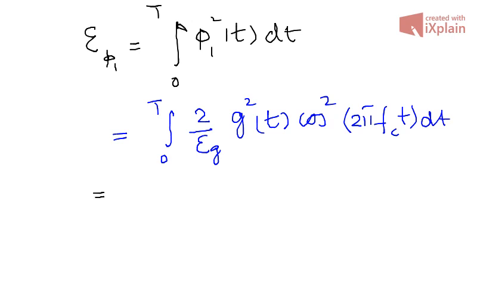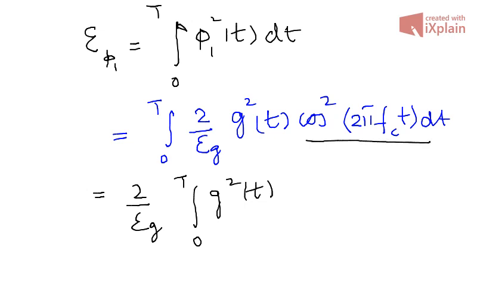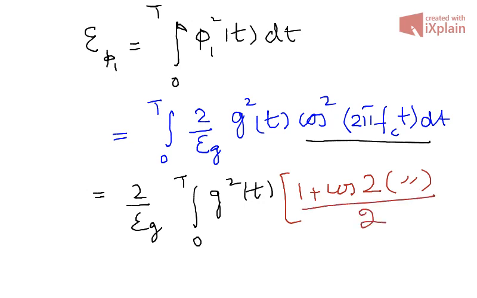This is the energy, so let me write it outside this way, 0 to T g square t, and this can be written as 1 plus cos 2 and whatever is inside, whole divided by 2 dt, right?